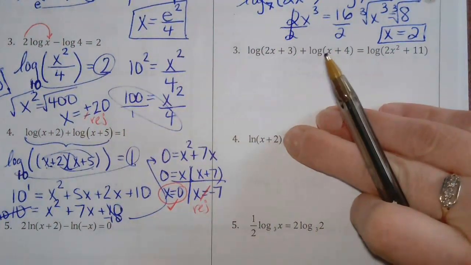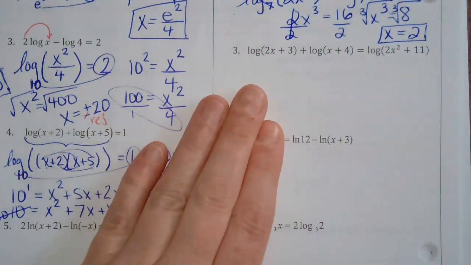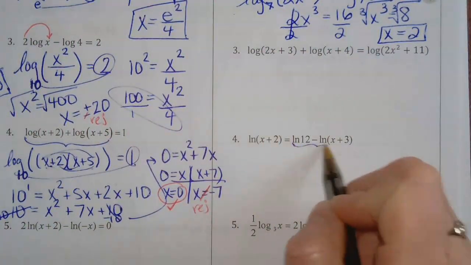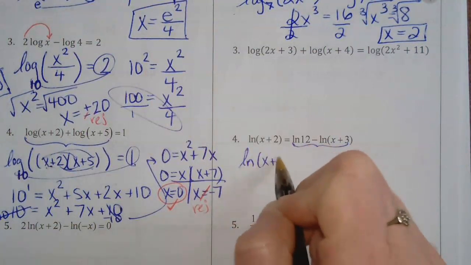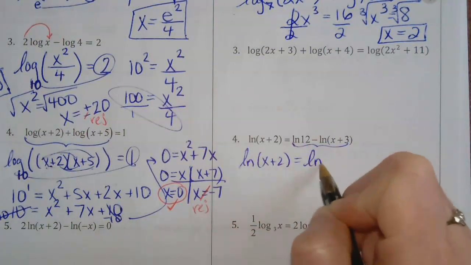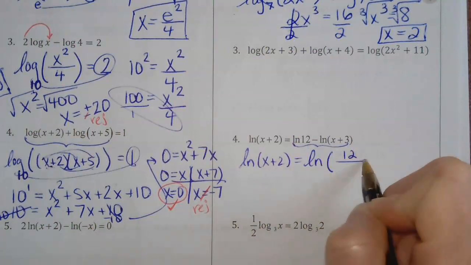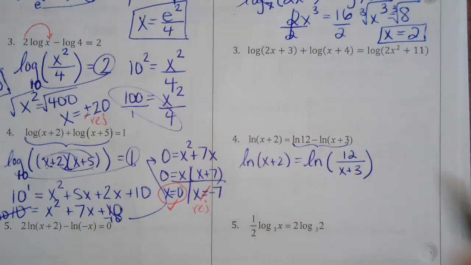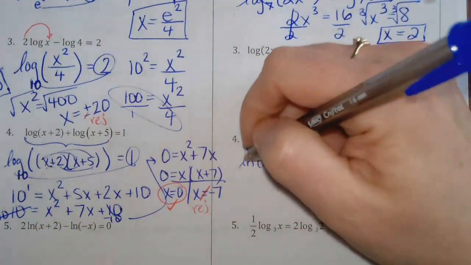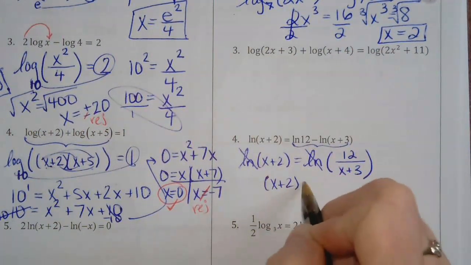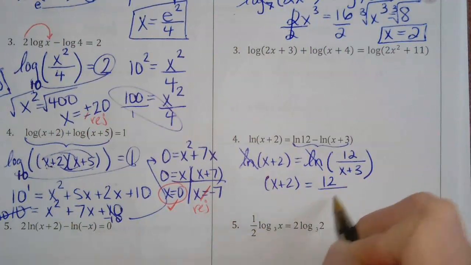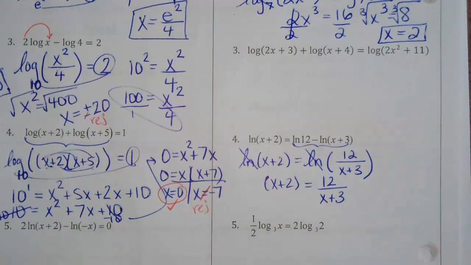We have a single log, 2 logs. I got to put them together. So let's put these together. It's subtraction, which means division. 12 divided by x plus 3. A single equals a single. Bam, bam. x plus 2 equals 12 over x plus 3.